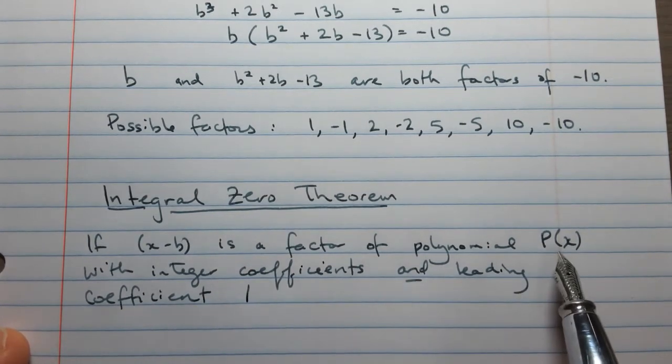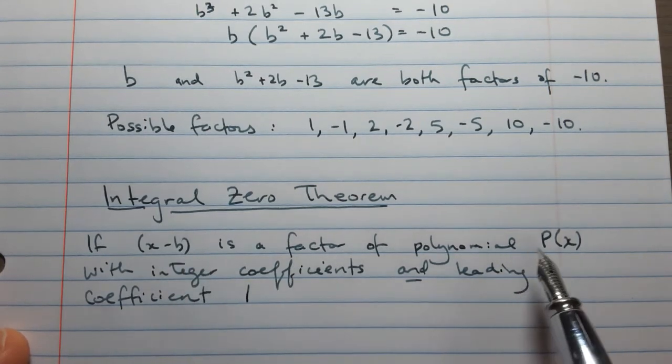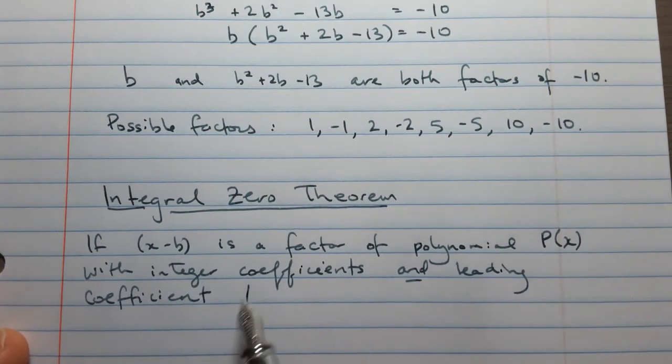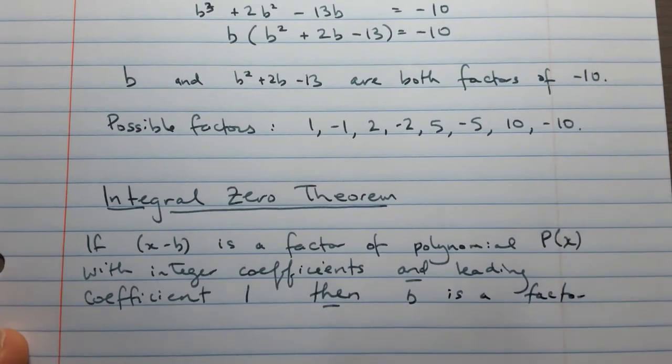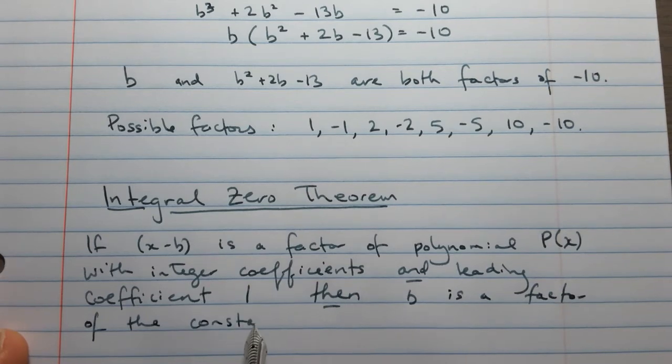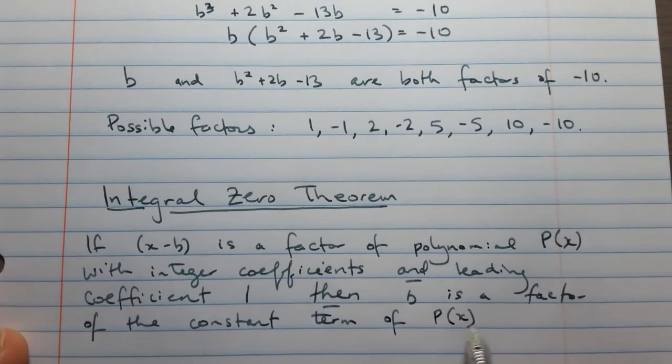So that's all of talking about the polynomial. So if we have x minus b as a factor and the polynomial has all integers and it starts with a 1, so like x cubed, for example, 1x cubed, then b is a factor of the constant term of p of x.